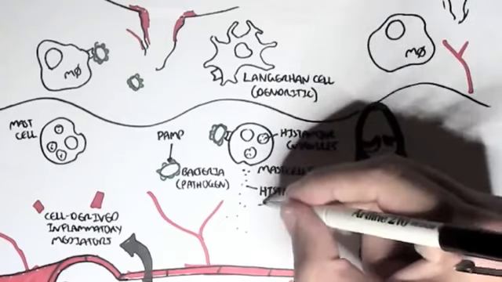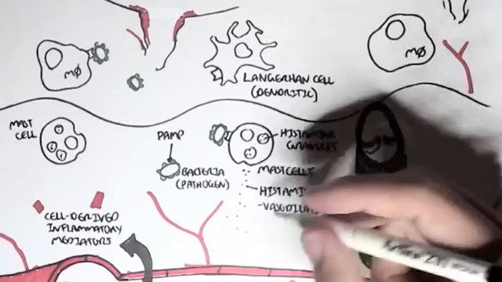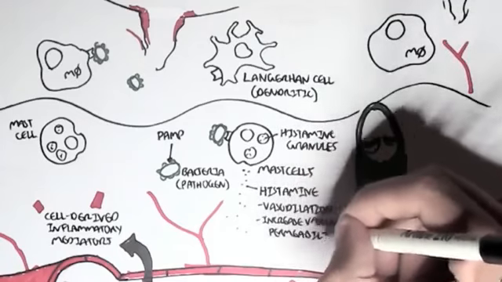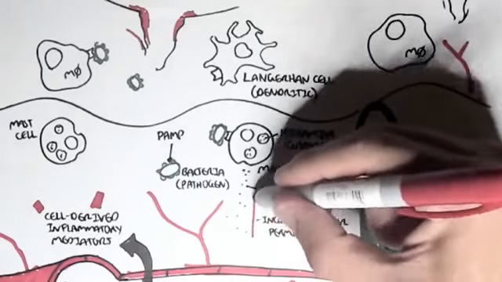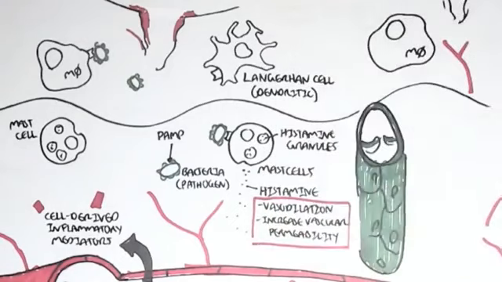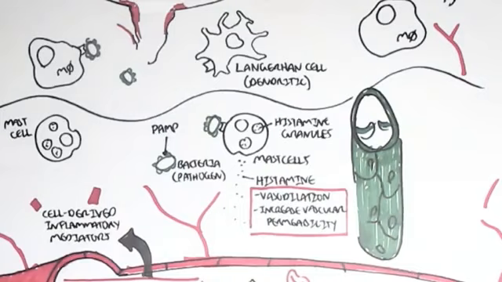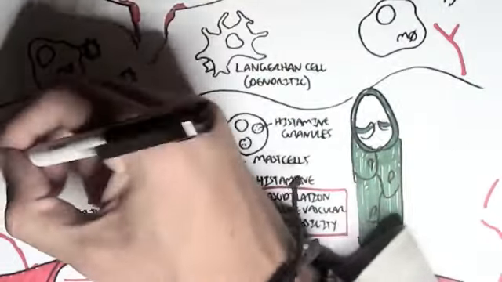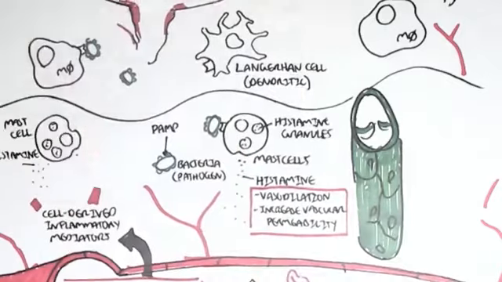Once the mast cells recognize that a pathogen has infiltrated the body, they will secrete the histamine they have stored in the granules. Histamine, when secreted, will cause vasodilation and increase vascular permeability.